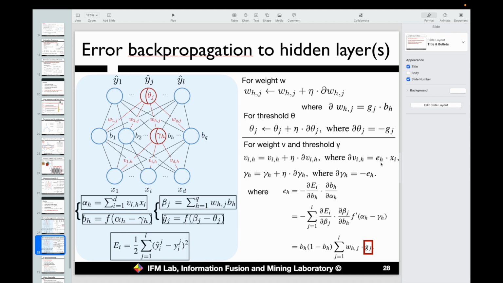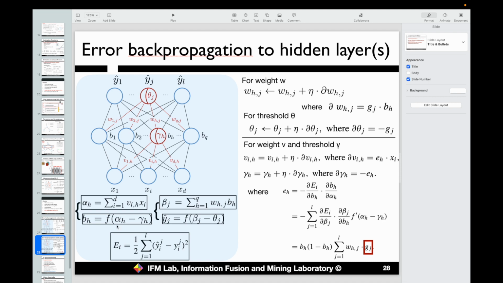How about this e_h? This e_h is another intermediate result we define for the hidden layer. It equals the negative, because we move this minus for the gradient descent into the partial derivative, right? We have the negative partial derivative of the loss function versus b_h, and then we multiply it with the partial derivative of b_h versus alpha_h.